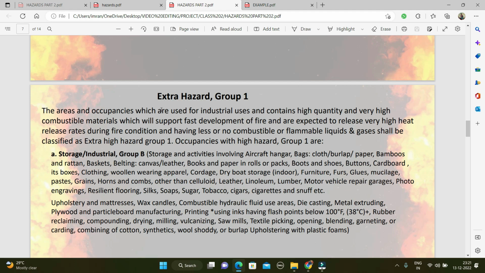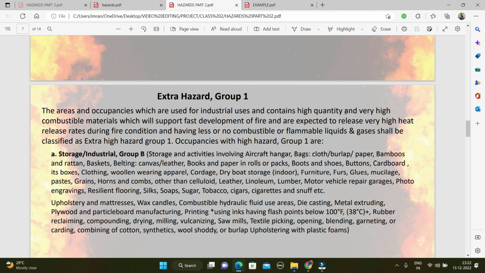Now explore extra hazard. Mostly we get the project. Now we are also doing one project of extra hazard group 1.